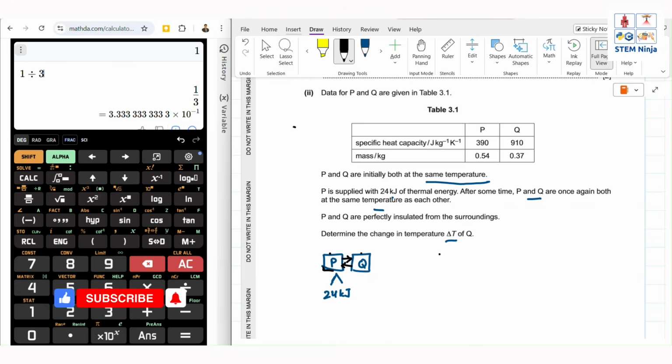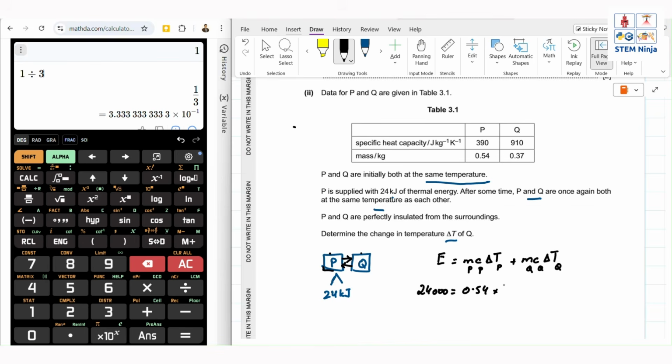So the 24,000, the energy equals mc delta T for P and mc delta T for Q. So this means that this 24,000 is distributed in both P and Q because they're in thermal contact. So 0.54 times 390.